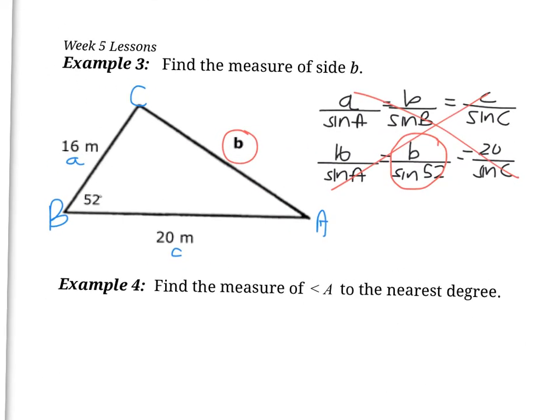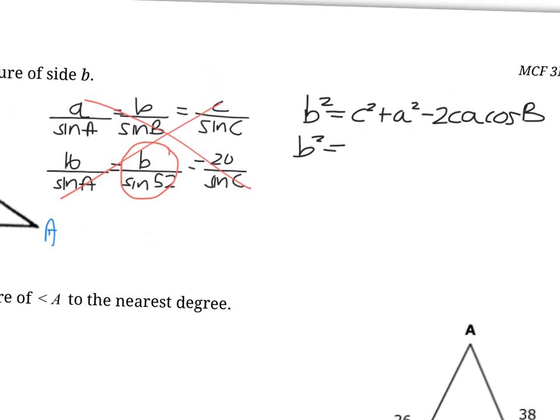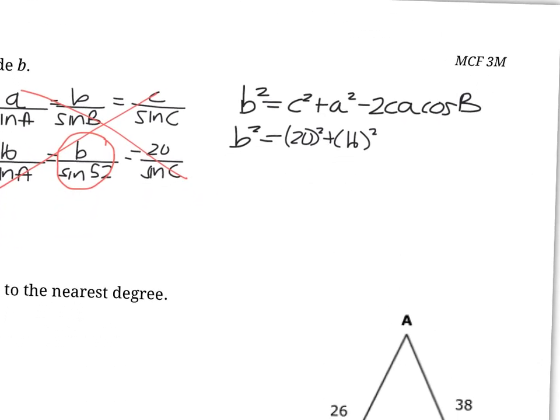So C is 20 and A is 16. So instead of C squared, I'm going to put 20 squared. Instead of A squared, we can put 16 squared. And then we're just going to keep filling this in here.